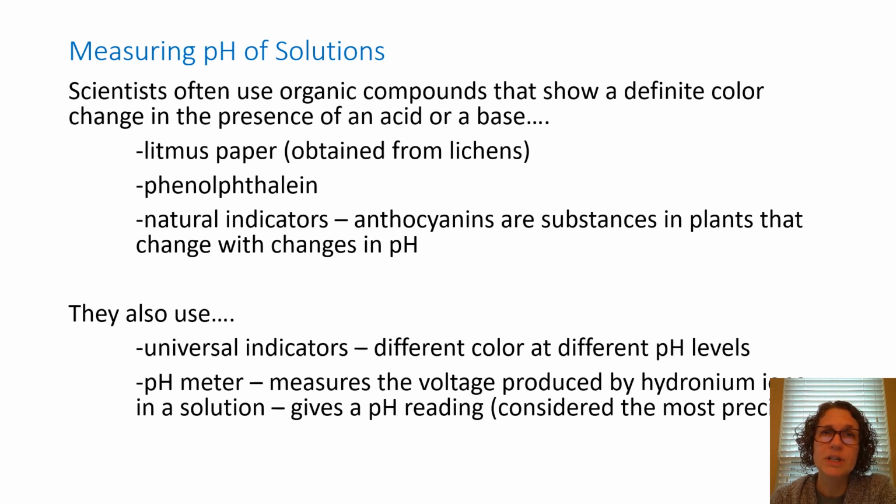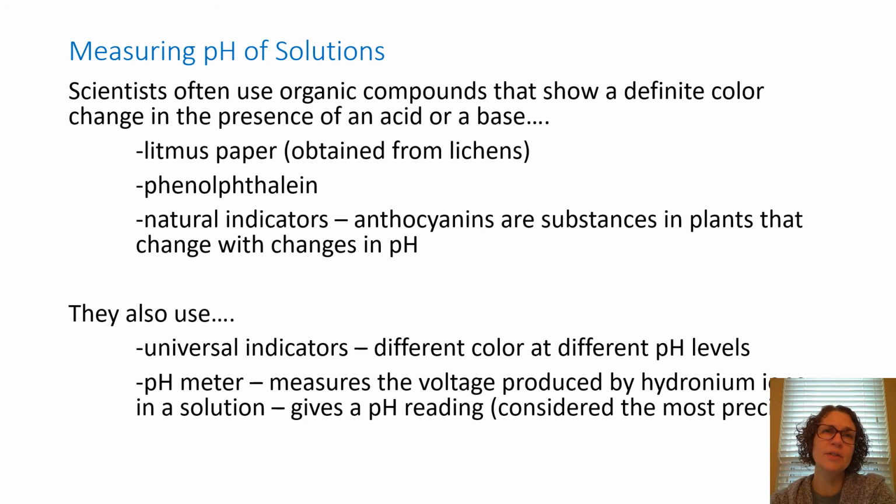And when you put it into a base, it will turn more of a bluish color. Apple peels will change from yellows to oranges. There are even some flowers that will be different colors depending on the soil that they're in. And so plants can be a very good indicator.